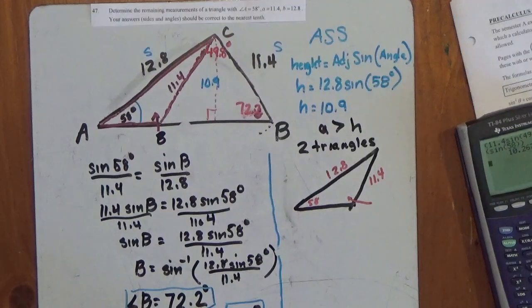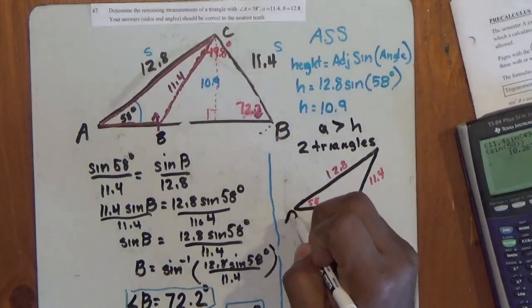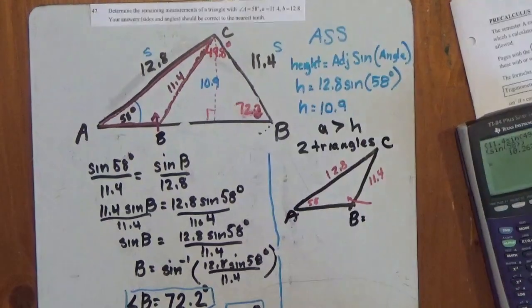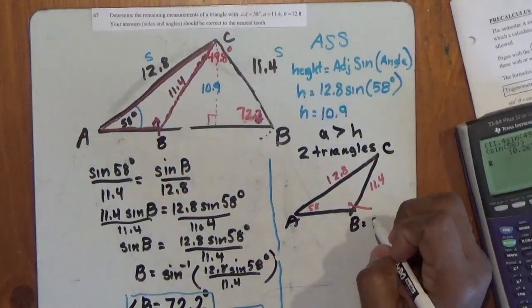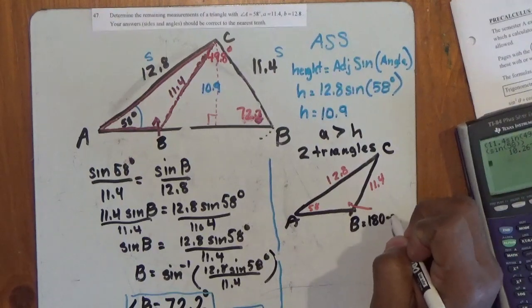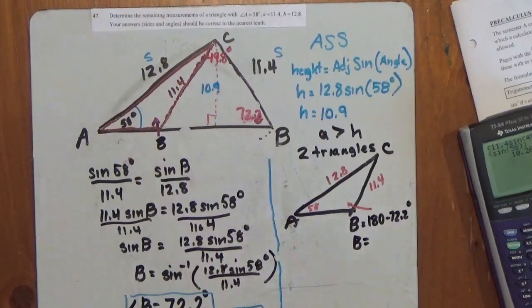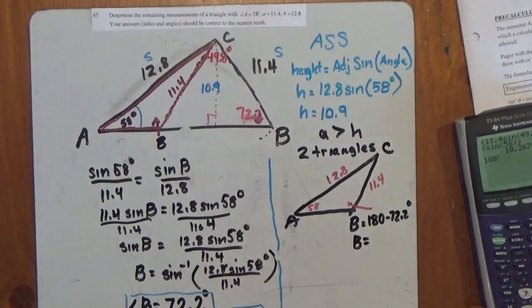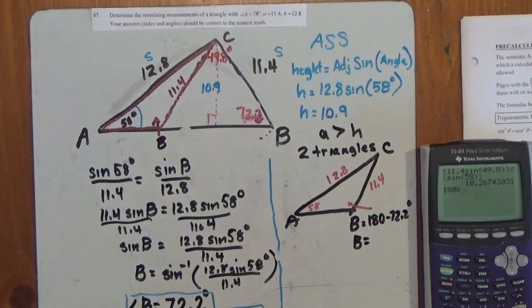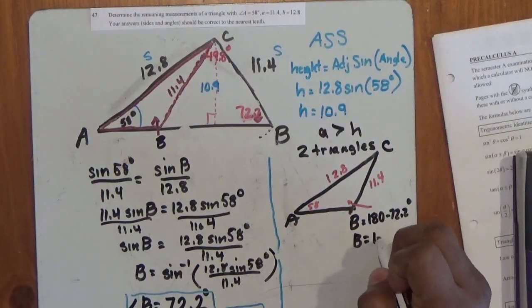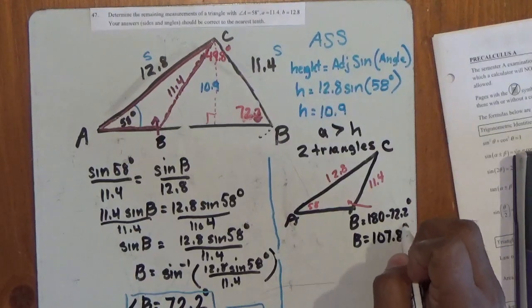So let's find our B. Our B is going to be 180 minus what we had before, 72.2. So our B in this case, 180 minus 72.2, is equal to 107.8 degrees.